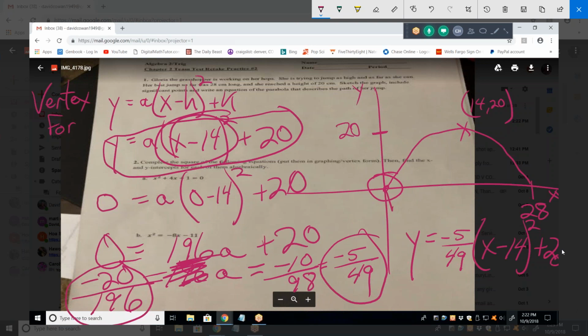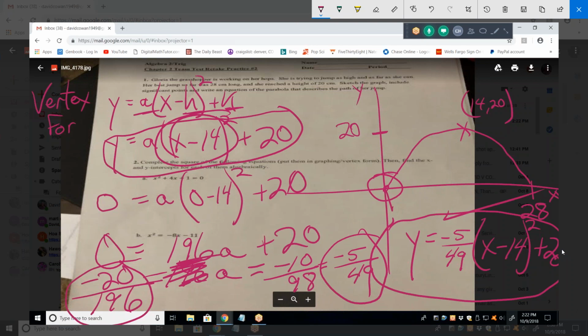In other words, my final equation always has the x and the y in it. But it solves for everything else. You no longer have the h, you no longer have the k. Those are replaced by numbers, and the a is replaced by a number. So this equation over here on the lower right describes the motion of that grasshopper.